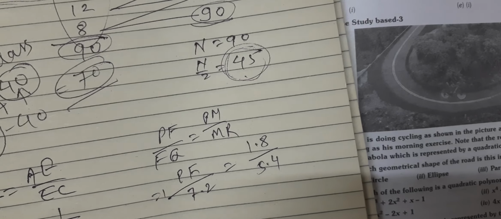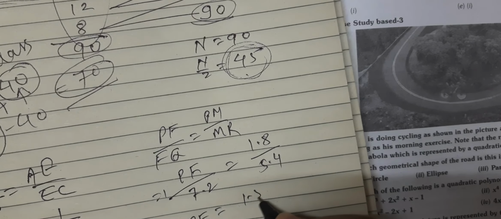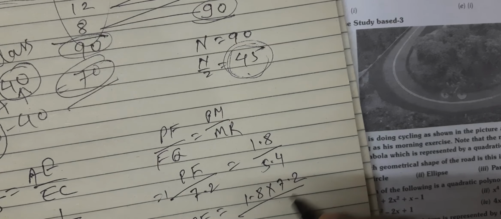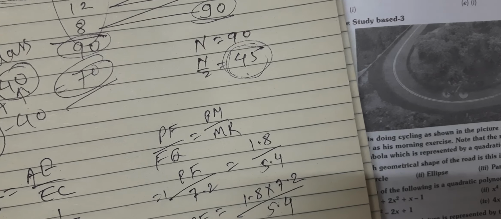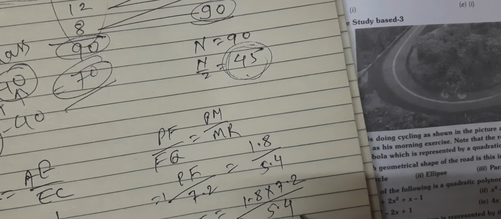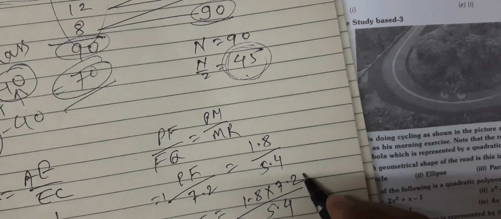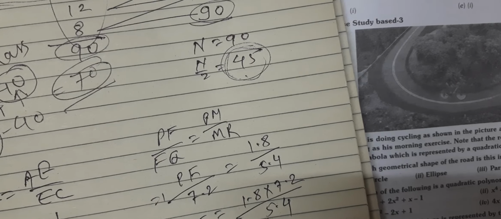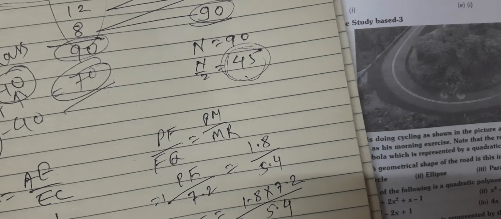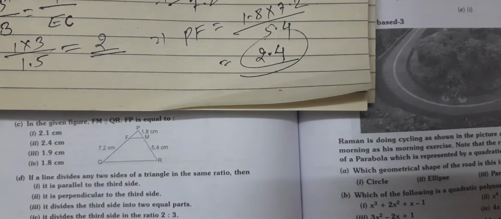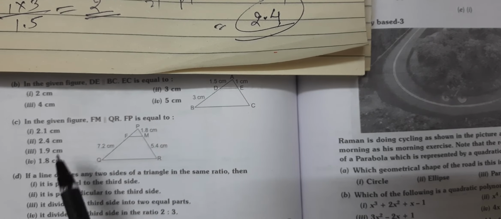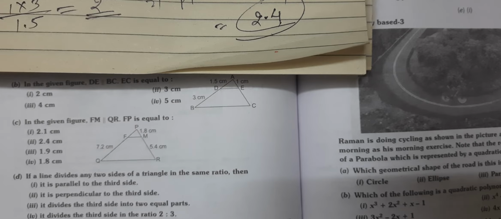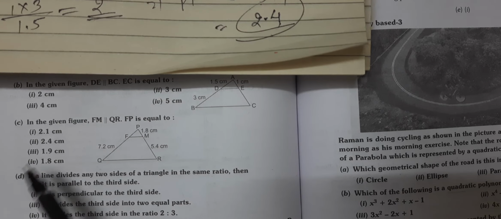So when you simplify, 1.8 multiplied by 7.2 divided by 5.4, we get 2.4. So this PF is 2.4. So the correct option is B, the second option, 2.4.